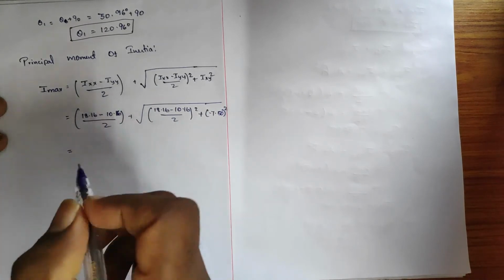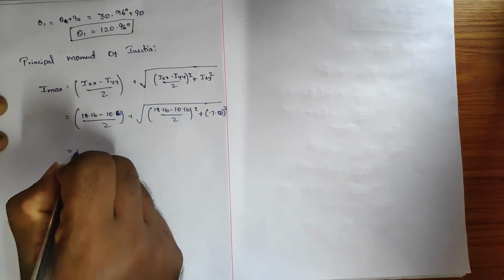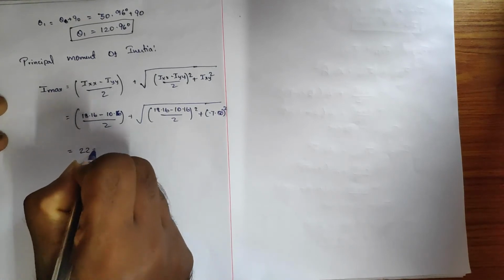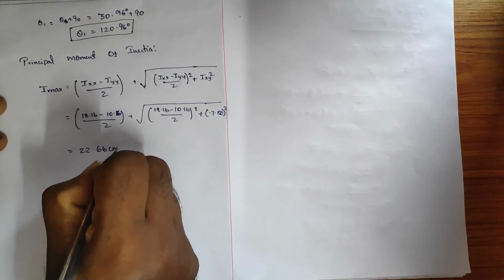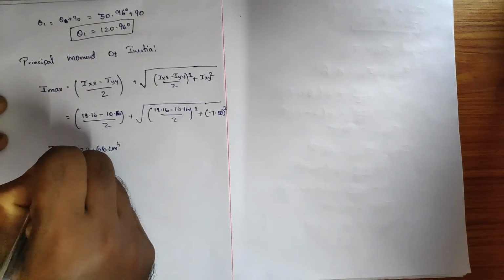Now do the simplification with the help of the calculator, you get 22.66 centimeter to the power 4. This is for I max.